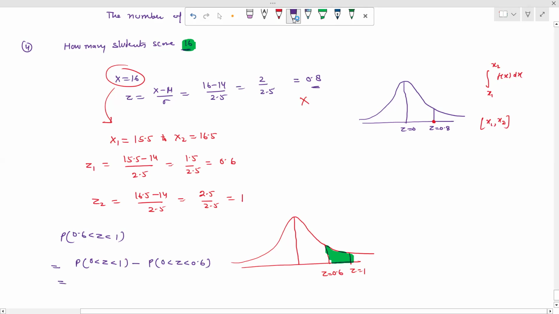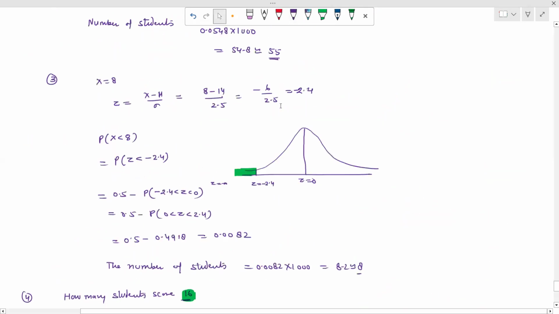So 0 to 1 is 0.3413, and between 0 and 0.6 we have to check.